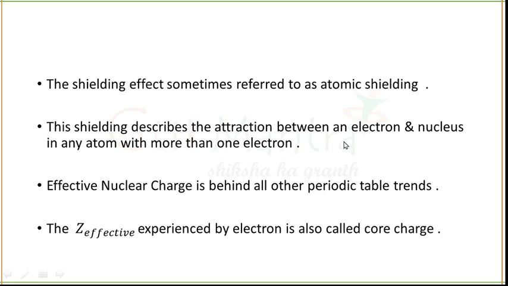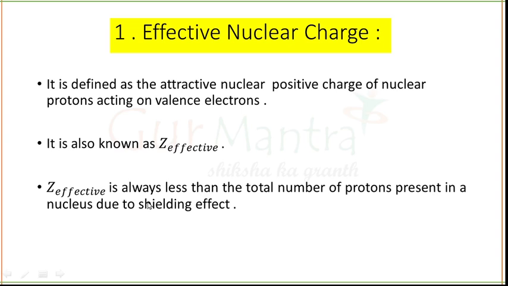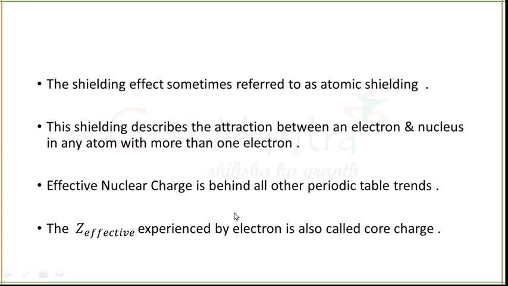All the electrons and the nucleus show a force, and this force is known as the shielding effect. This shielding effect causes a decrease in Z effective. As you can see here, this is the statement: Z effective is always less than the total number of protons present in a nucleus due to the shielding effect.